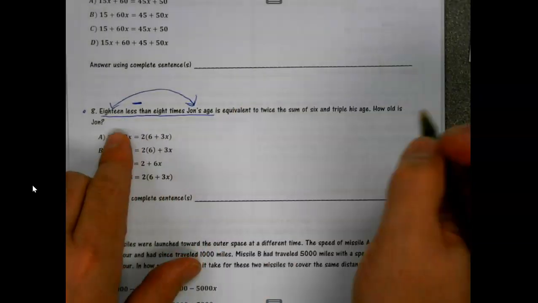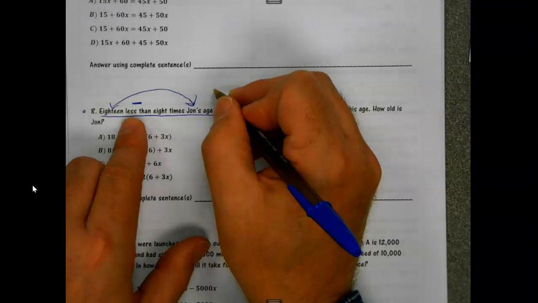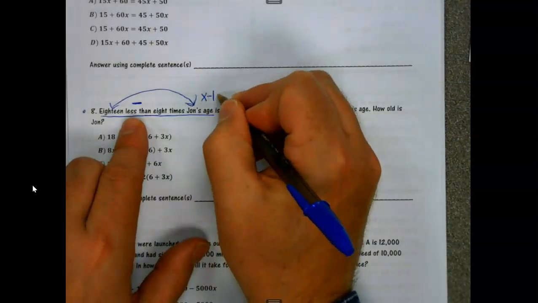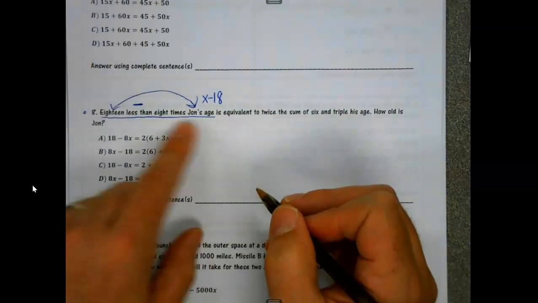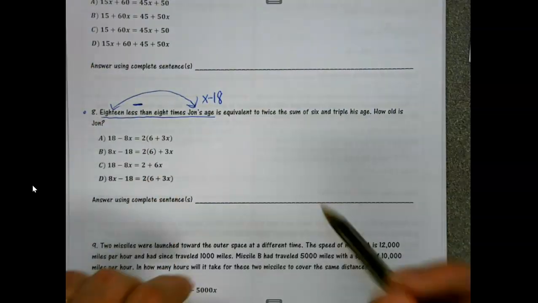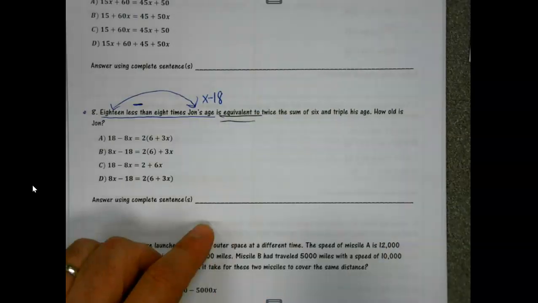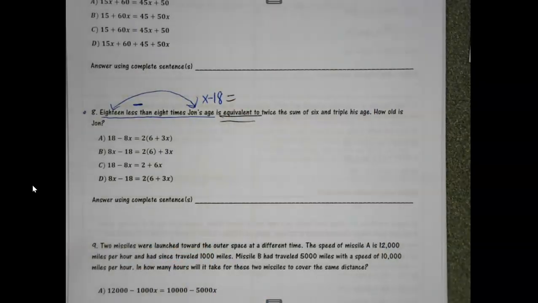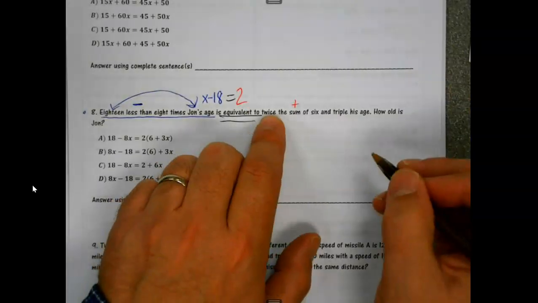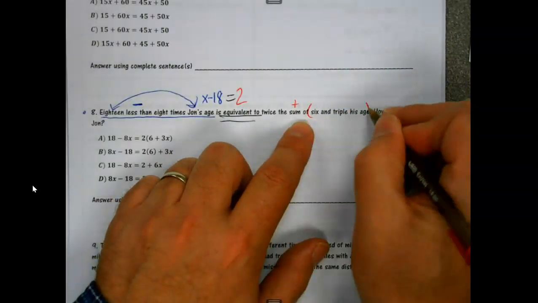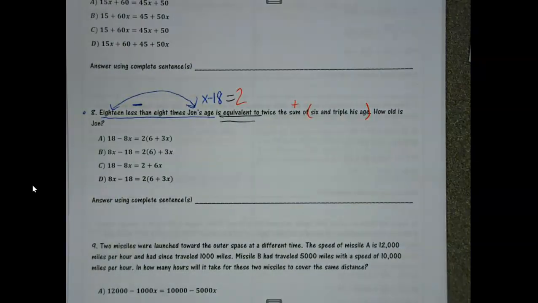So how old is John? 18 less than John's age. John's age minus 18 is equivalent to, equals, twice the sum, oh, what's after sum? 6, and triple his age.